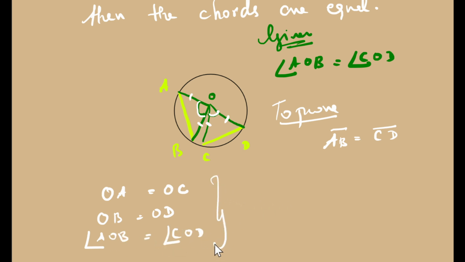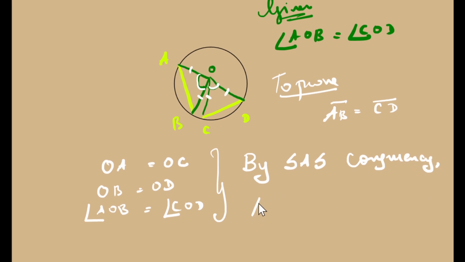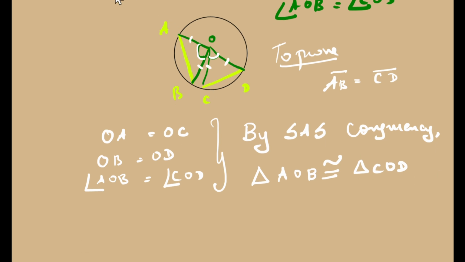Since three parameters of these two triangles are equal, the triangles are congruent, or formally we'll have to mention that by SAS congruency, which means side angle side congruency. Both the triangles are congruent to one another. Triangle AOB is congruent to triangle COD, which tells us that these two lines, the chords, are equal in length.